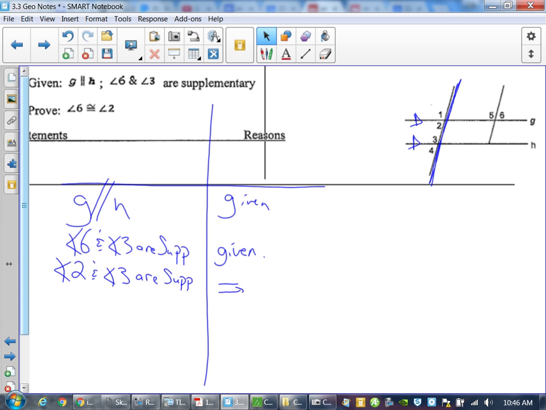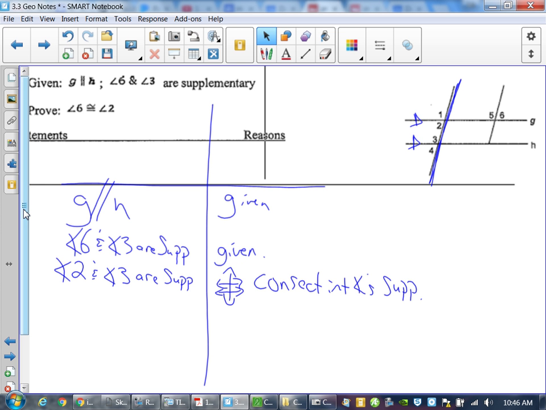So if two parallel lines are cut by a transversal, consecutive interior angles are supplementary. So now do I have two angles that are supplementary to the same? Yeah. 6 and 2 are both supplementary to 3.